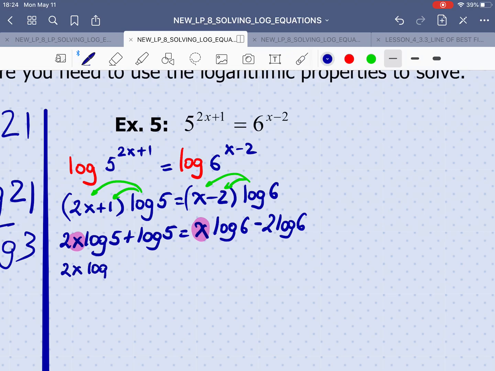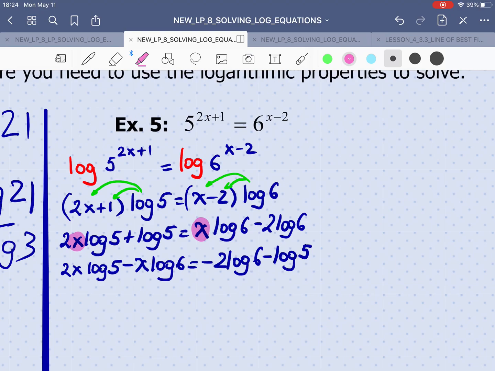So that will give us 2x log 5 minus x log 6 equals negative 2 log 6 minus log 5. Again, keep an eye close to your variable, and we're going to factor x out.